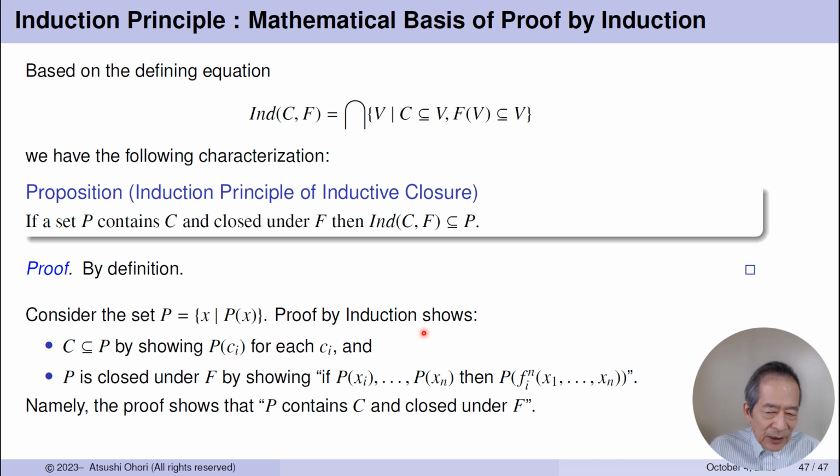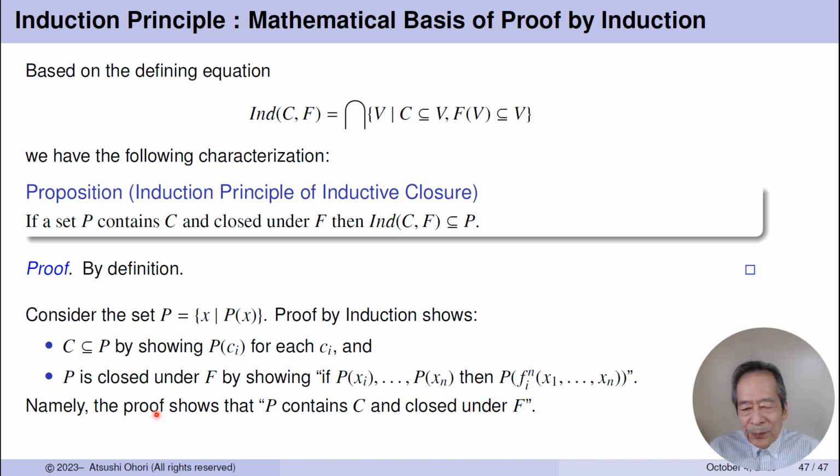And another component of proof by induction is the induction step, which shows that P of this element is true under the assumption that P of x1 through P of xn is true. Under this assumption, you show P of f applied to this tuple is true. This is nothing but showing that P is closed under F, right?